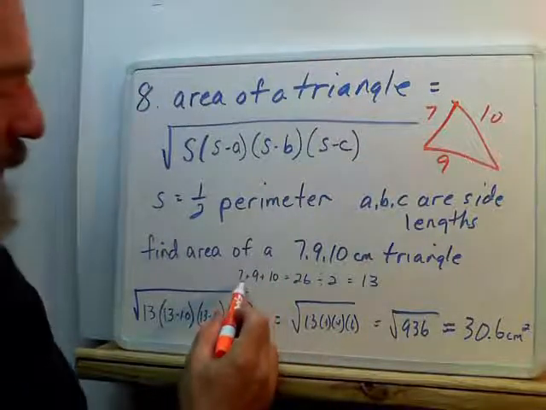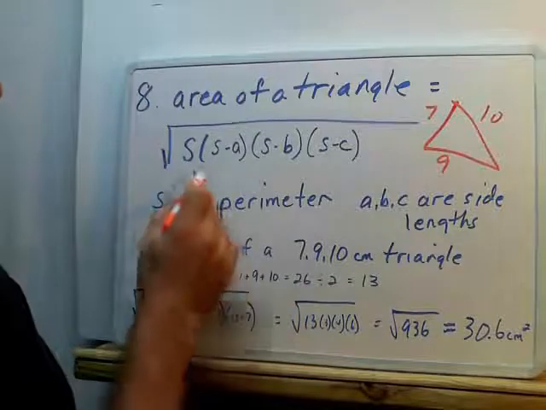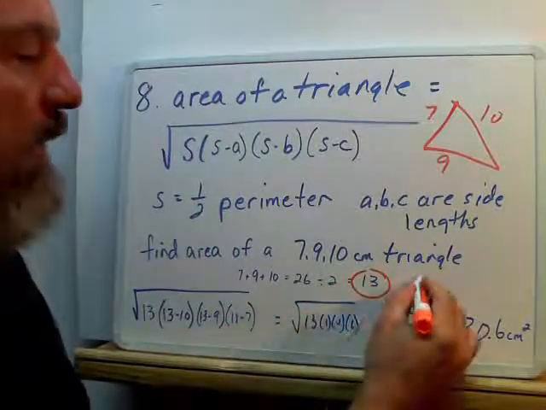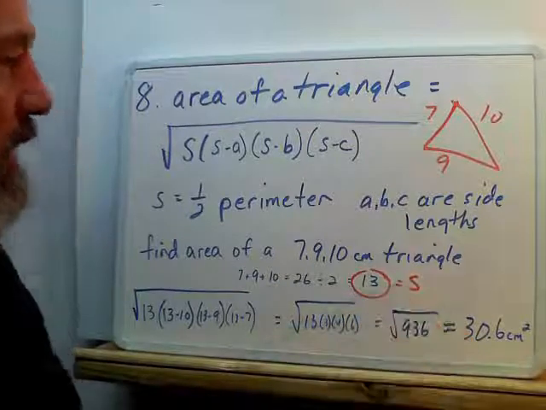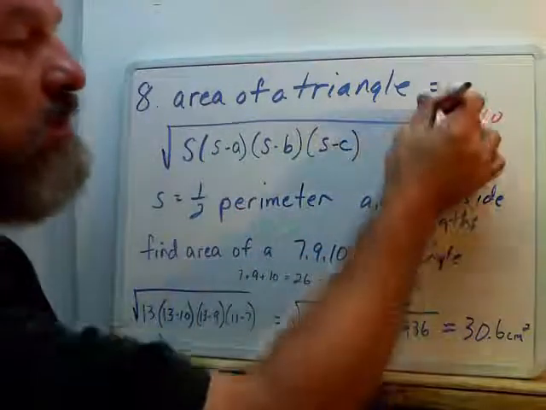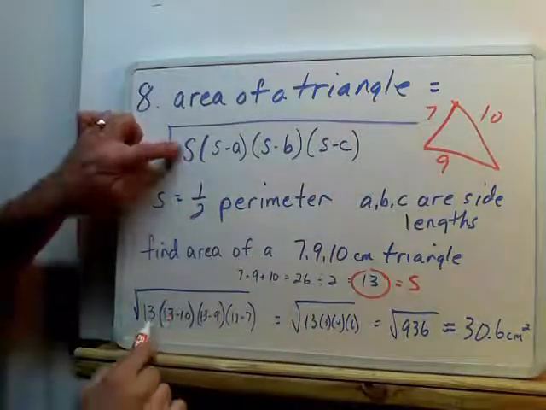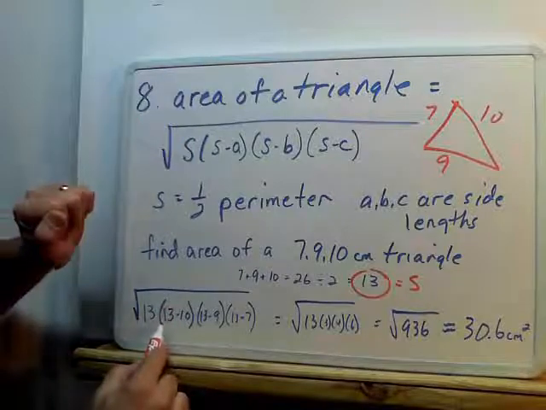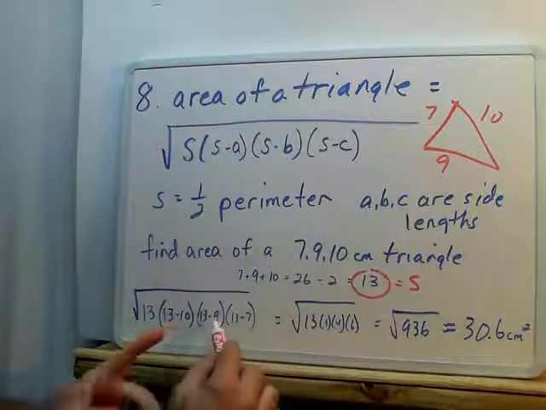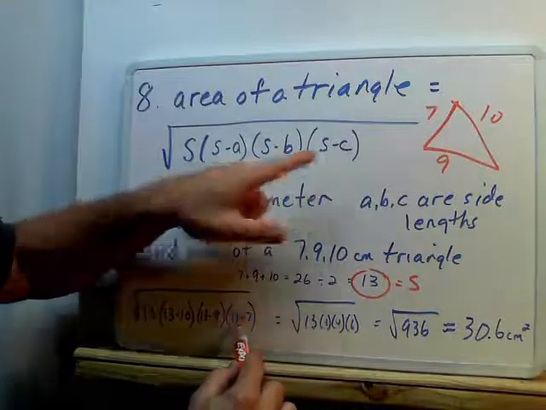So the triangle has lengths of 7, 9, and 10 centimeters. You add those all up. 7 plus 9 plus 10 will give you the perimeter of 26. Divide that by 2 to get half of it, and we have 13. So s equals 13. Now we just plug that number in everywhere, and we can use the sides as a, b, and c. So we take 13 times 13 minus the 10 for a, 13 minus 9 for b, and 13 minus 7 for c.